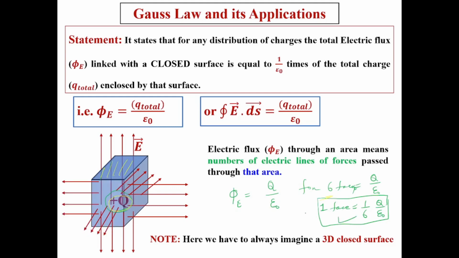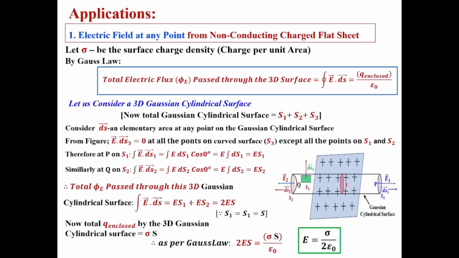Next we are going to go for the applications of Gauss law. Our first application of Gauss law is to calculate electric field intensity at any point from a non-conducting charged flat sheet.